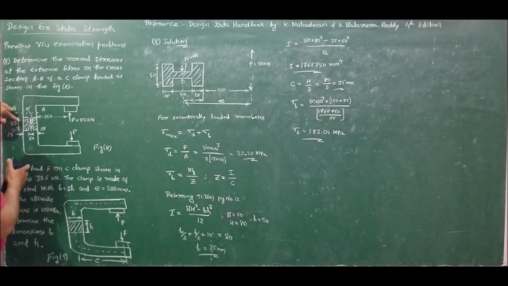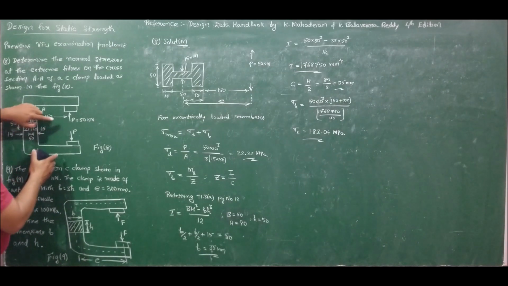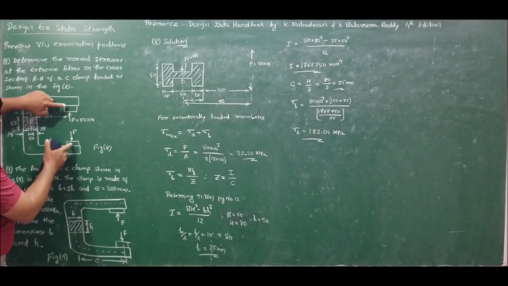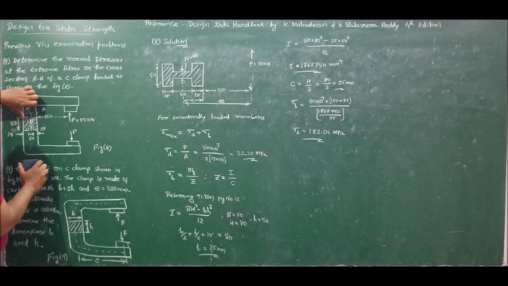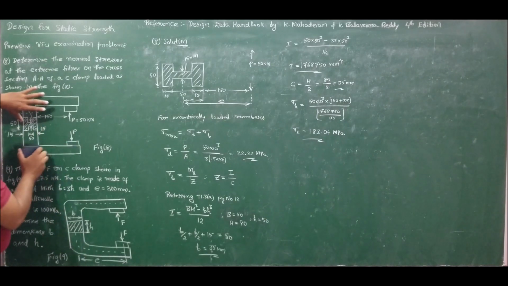Now if you carefully observe, the bending stress and direct stress are tensile in the inner fiber, whereas it is compressive in the outer fiber. Both direct stress as well as bending stress are trying to open the C clamp, hence the inner fiber is subjected to tensile loading, whereas the outer fiber is subjected to compression because of bending.